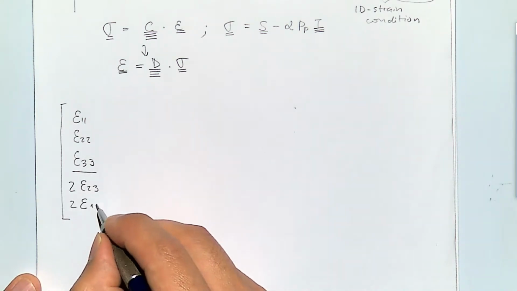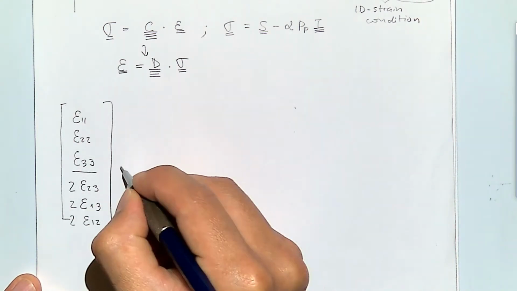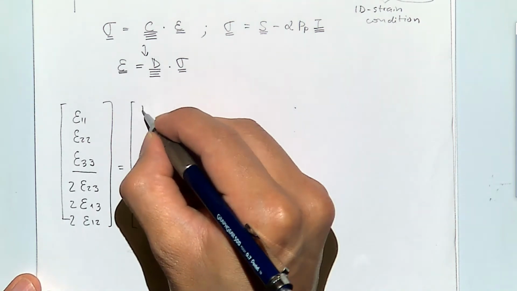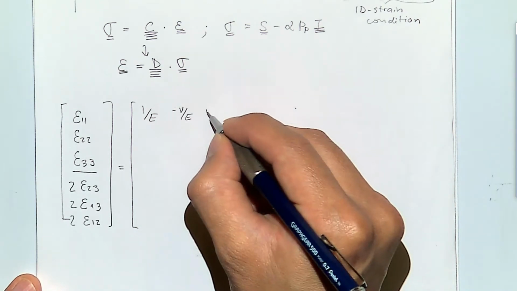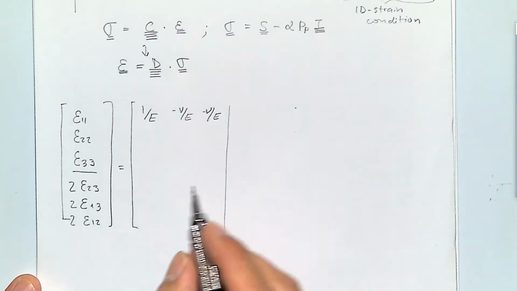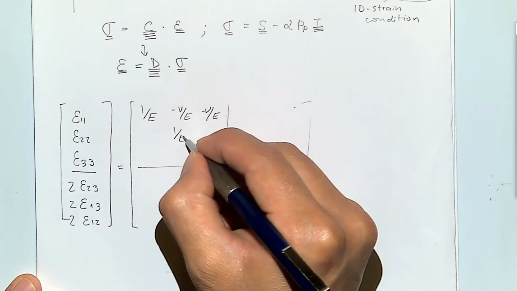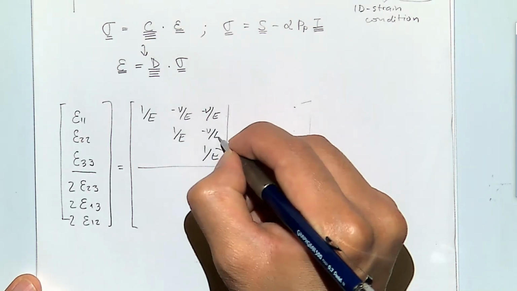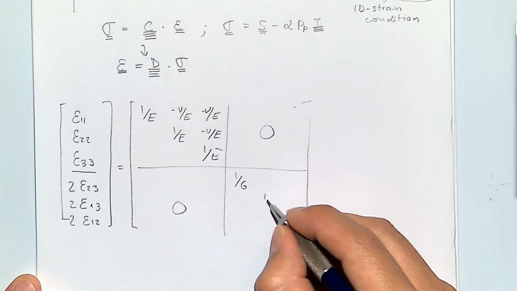Epsilon 1, 3 and 2 epsilon 1, 2. And if you remember, here we have the Young modulus, Poisson ratio, and I'm just going to write half of the matrix, 1 over E, 1 over E. These are zeros, and these are shear moduli.